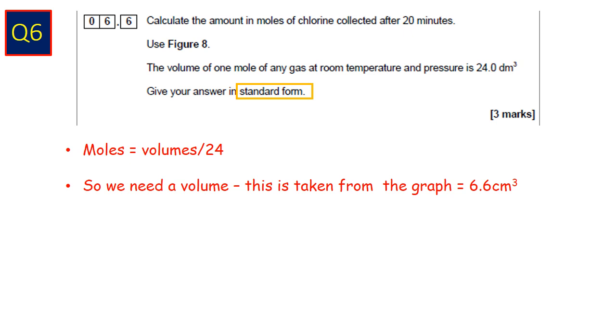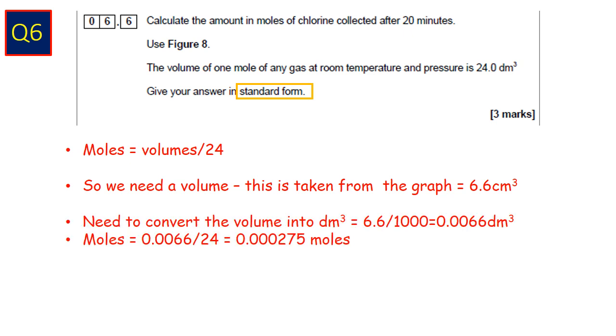Now in all these mole calculations, our units need to be in decimetre cubed. So we convert to decimetre cubed and we get a value of 0.0066 decimetre cubed. So I can now plug these numbers into moles equals volume divided by 24, and I get an answer of 0.000275 moles. But the question has asked me to give my answer in standard form.